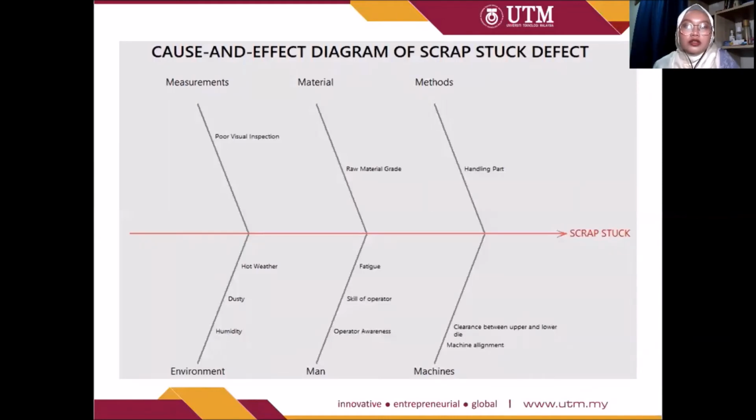So this is cause and effect diagram of the scratch start defect. First one is visual, measurement, material, method, environment, man and machine. And I will explain all this.